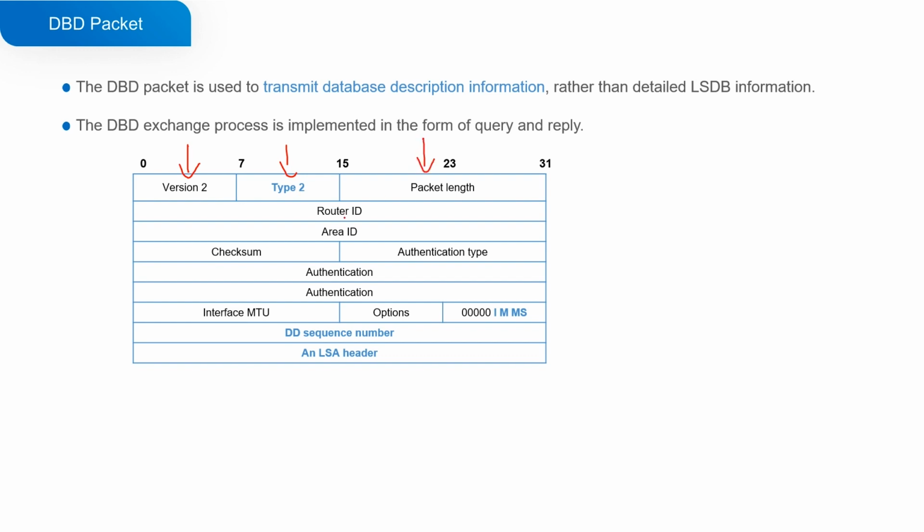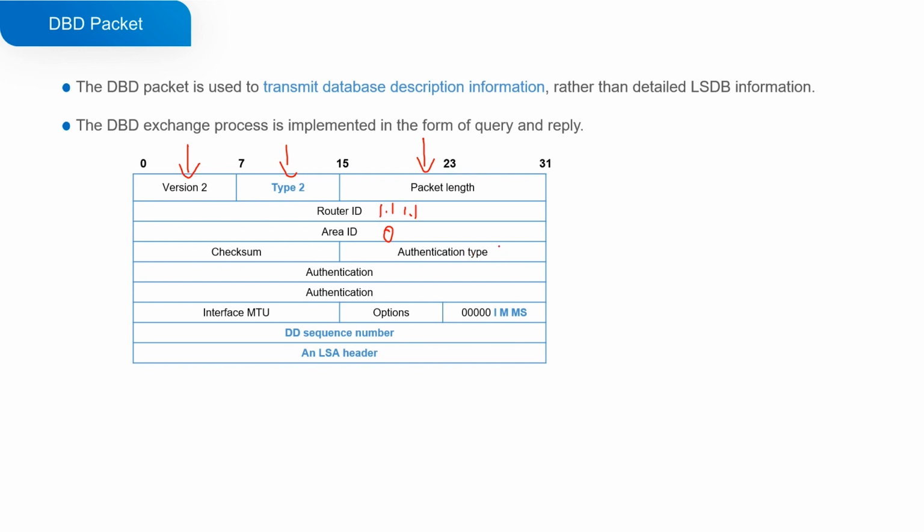And next is the packet length. Then the router ID information, for example, 101.101, and the area ID, for example, area 0, the backbone area. The checksum keeps the packet integrity, right?